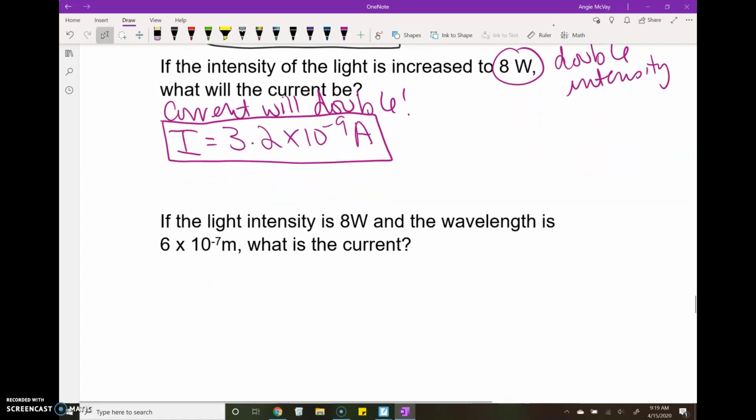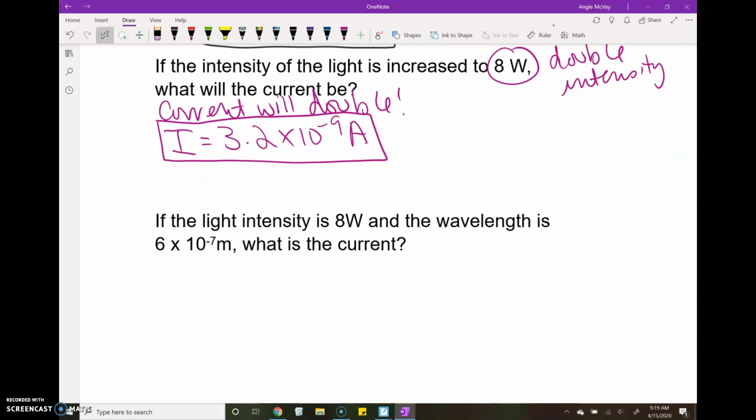All right. Now, if the light intensity is 8 watts, that's the hint that we're going to be using this current, if that's necessary, and the wavelength is 6 times 10 to the minus 7 meters, what is the current?